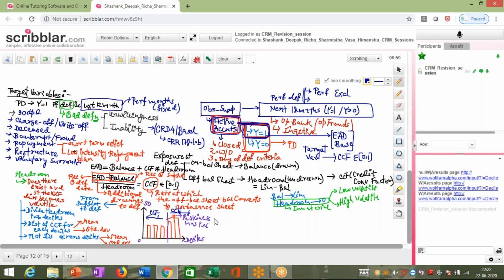The CCF1 definition over here will be your additional drawings before default divided by headroom. I'll call this CCFA.